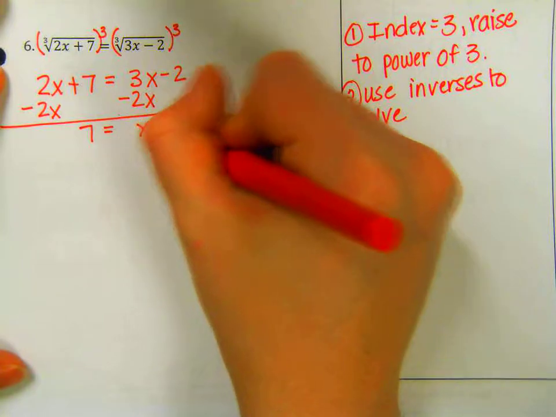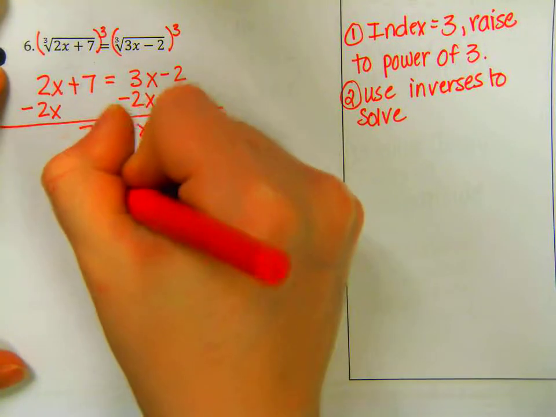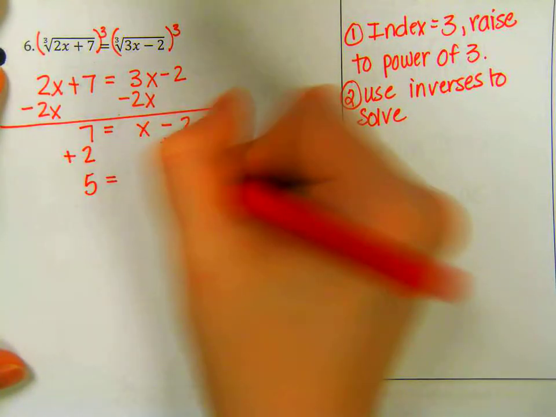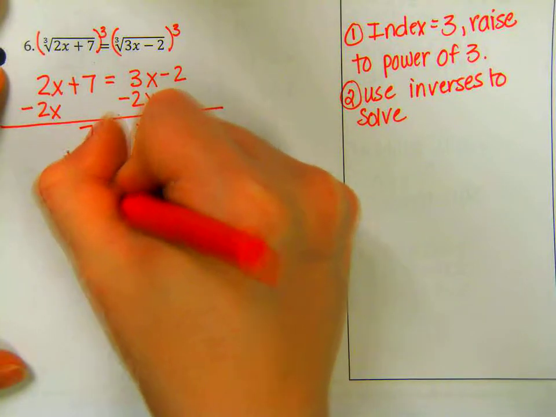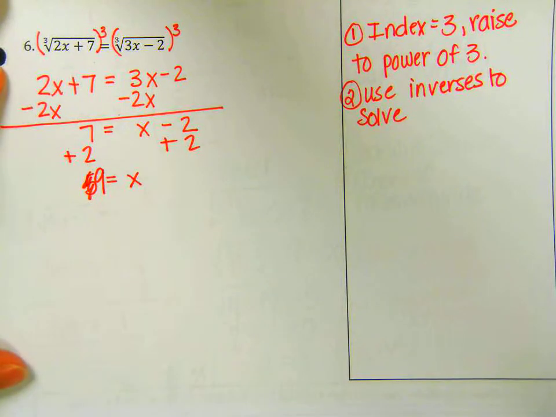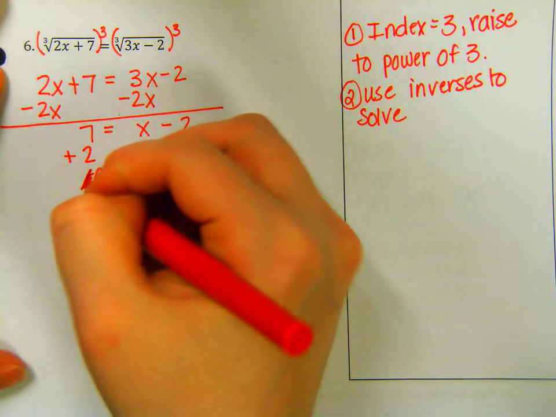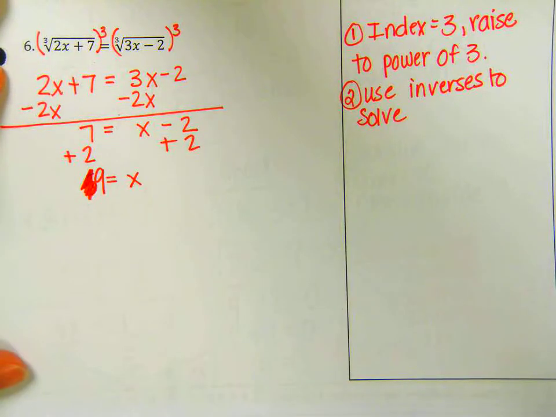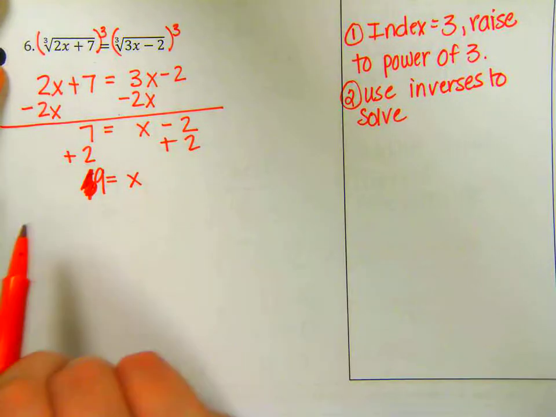Then add 2 to both sides. So 9 equals x. So we have 9 equals x, check it.